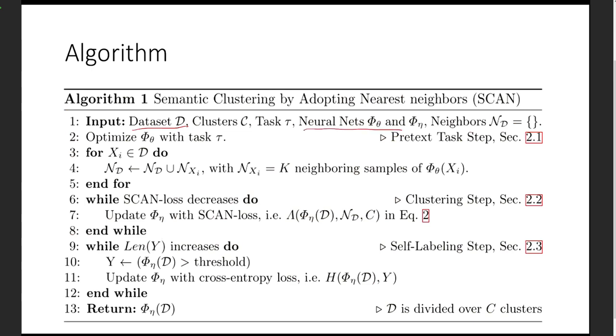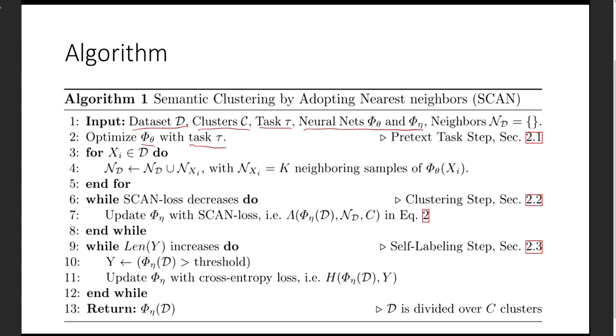So the algorithm, given the data set, the neural network and some clustering task, we'll go through it. We optimize with the task. It's the clustering, like contrastive learning. Optimize the first one.